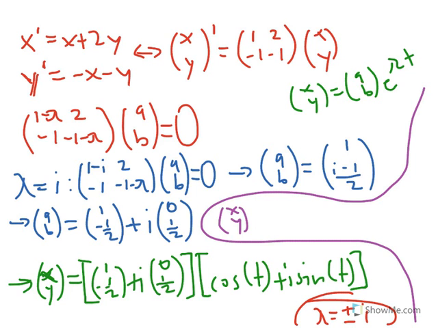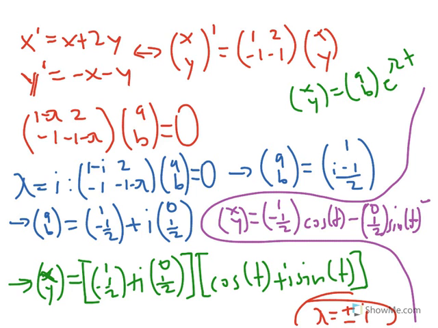We get xy is equal to, if we multiply it out, we get 1 negative 1/2 cosine of t, and the i's cancel in the second part, and we get minus 0, so 1/2 on the bottom, 0 1/2 sine of t. Now this is our final xy solution.